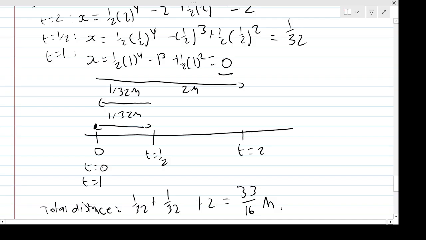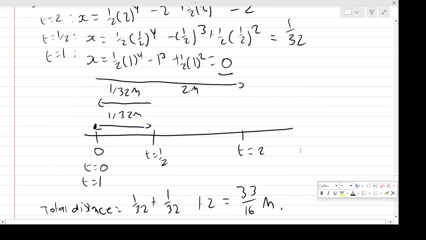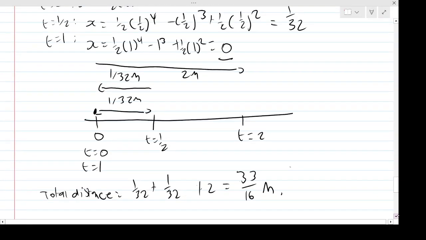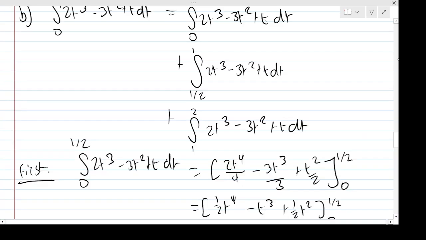But you really need to be able to visualize and plot what's going on. Okay, so if you work out all the individual displacements at each point in time, then hopefully you can draw a diagram like this, which represents all the individual distances between each point in time. Then you could add them all up.